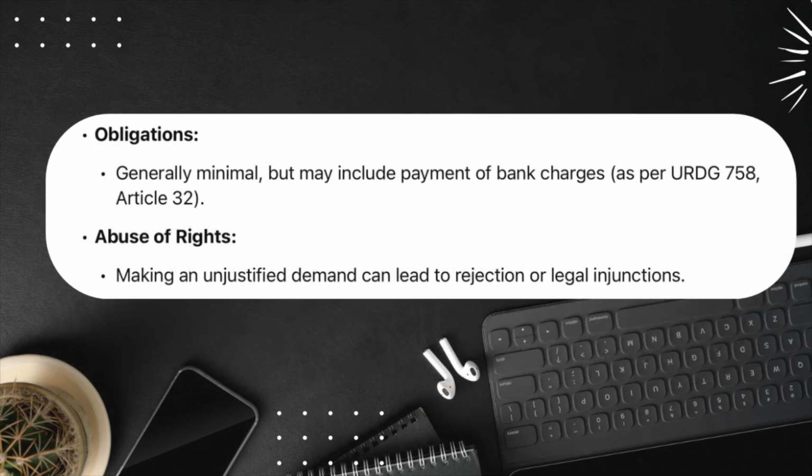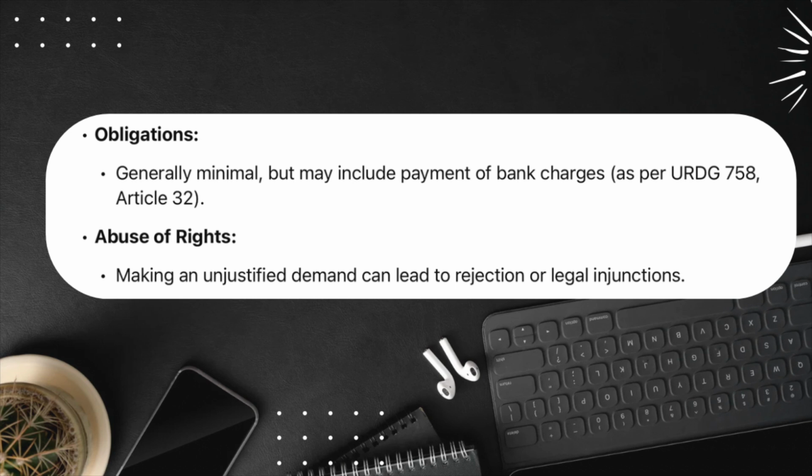Given the nature of the instrument as an independent guarantee, the beneficiary would not usually have any substantial obligation in relation to the instrument. However, occasionally an instrument may provide for the beneficiary to pay bank charges incurred in connection with the instrument. URDG 758 Article 32 makes it clear that the primary responsibility for payment of bank charges is on the instructing party.